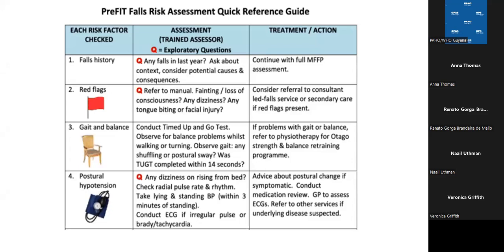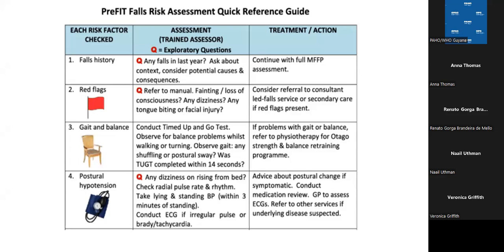So we have to systematically address this problem when assessing an older person. We have to check falls history and ask about any falls in the last year. Ask about the context of this fall.